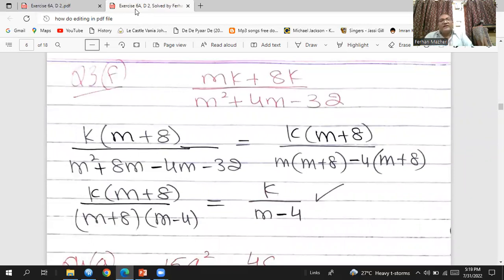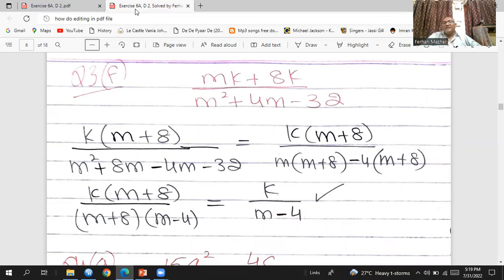From the numerator, I will take k common, so in the bracket you are left with (m + 8). And in the denominator, I will multiply the extreme terms, so I will have 32, and I will write the factors of 32. The factors of 32 are 1 into 32, 2 into 16, and 4 into 8.